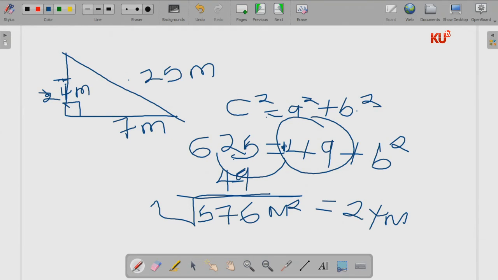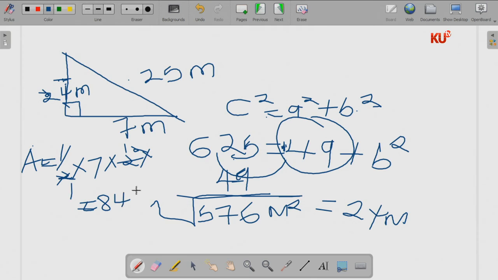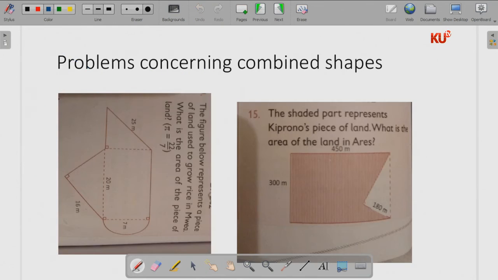So area is half times base times height. Here 12 by 7 is 84 square meter. Now already you have the area of the first right angle triangle as 84.